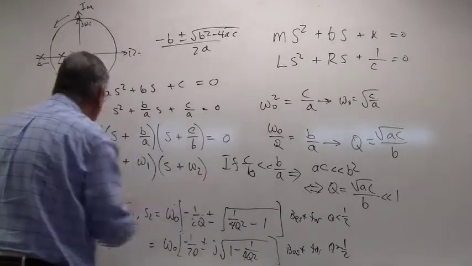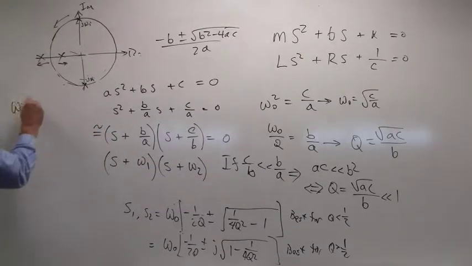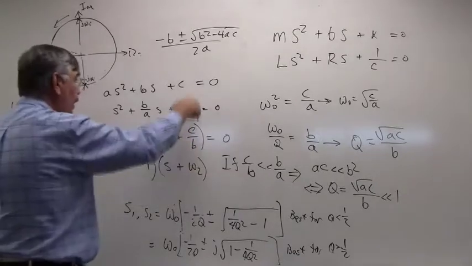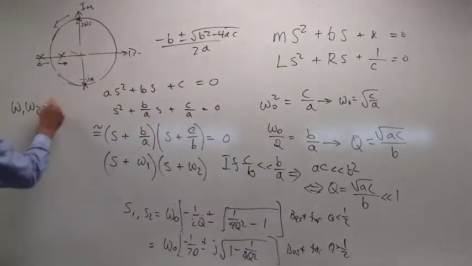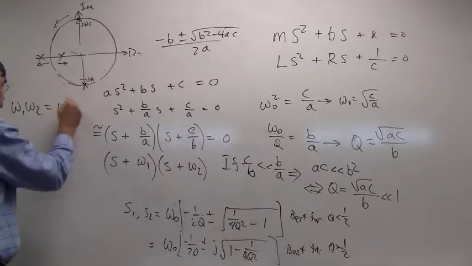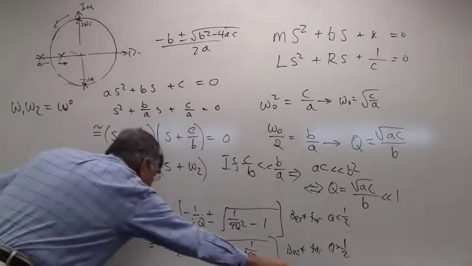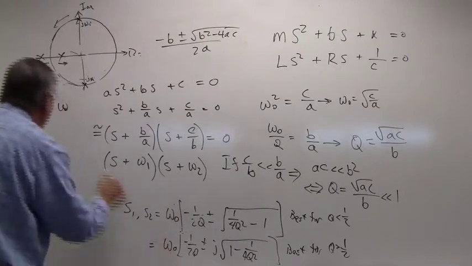Notice also that the product of omega 1 times omega 2 is equal to C over A. C over A was omega naught squared. Whoops, omega sub 0 squared.